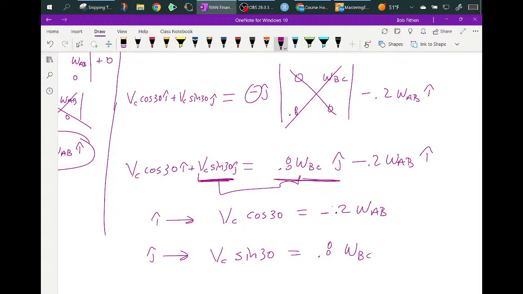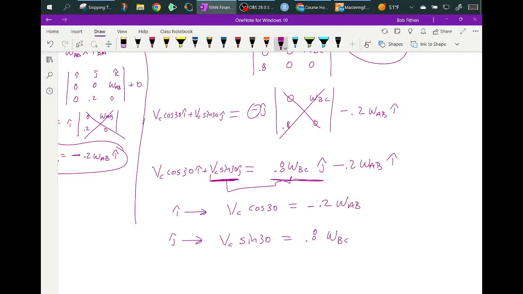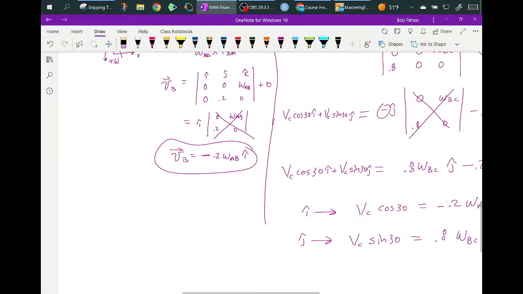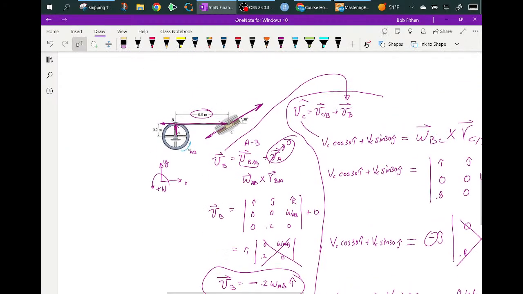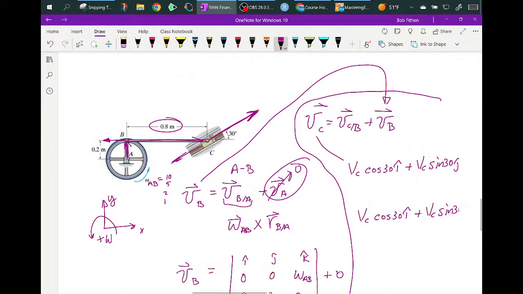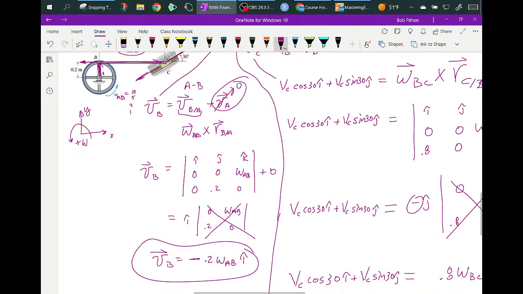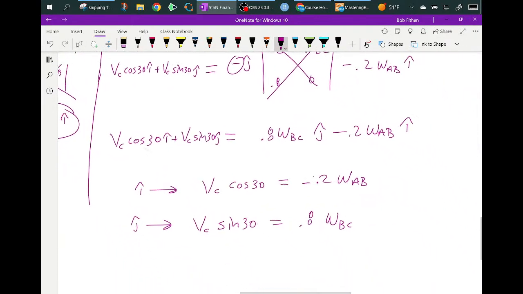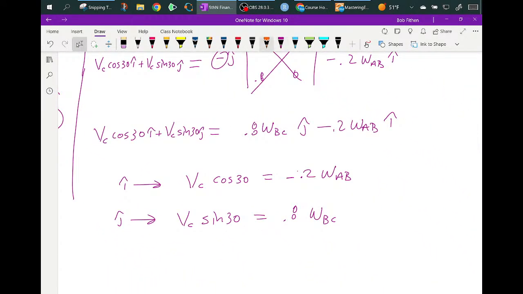Now, we have to remember back how this thing started. More than likely, somebody gave you this number, say 10 or 5 or 2 or 1 or something. So omega AB, the driving frequency, is going to be given. From that being given, you can solve for this.